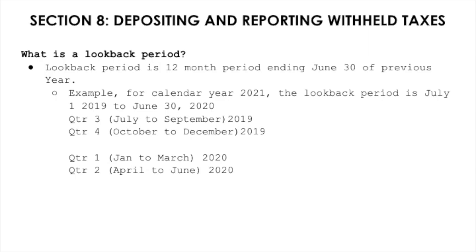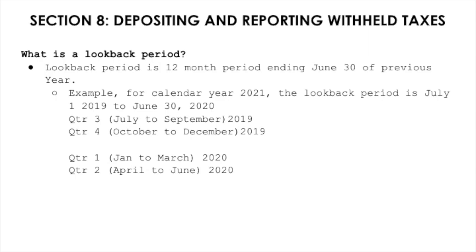So for the previous year, we are looking at the first two quarters, the January to March first quarter and April to June the second quarter. And for the year before that, we are looking at the third and fourth quarter, that is July to September and October to December. In this example, we are looking at the look-back period of the calendar year 2021.